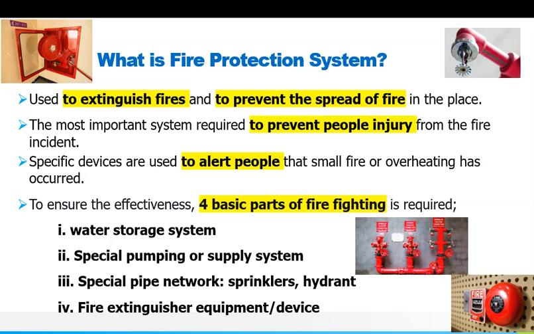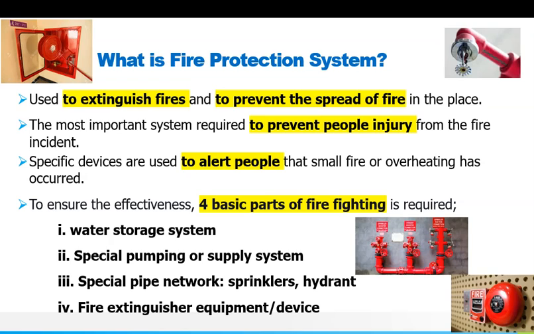The main concern is to prevent injury and death from a fire incident. And we also want to alert people if a fire occurs, even a small fire, to make sure that everyone is clear from the area, okay.